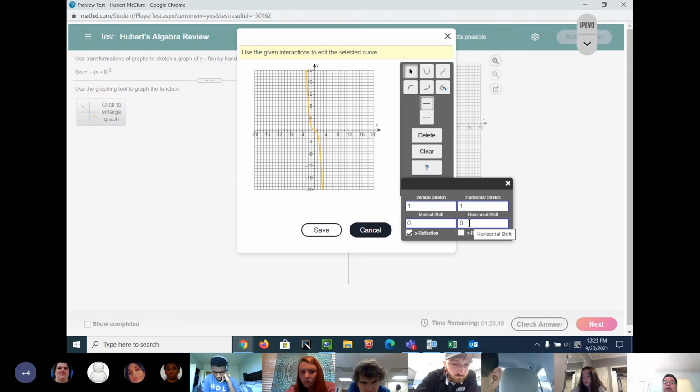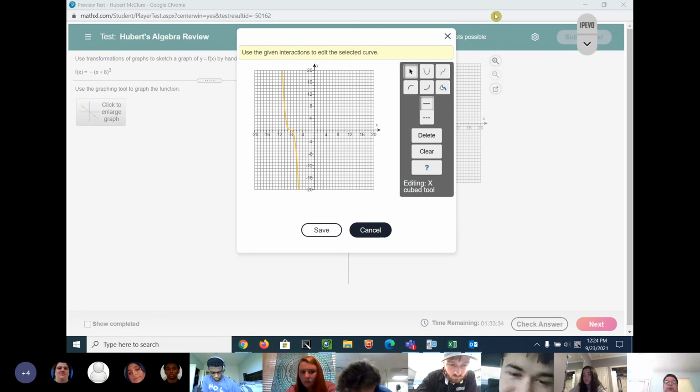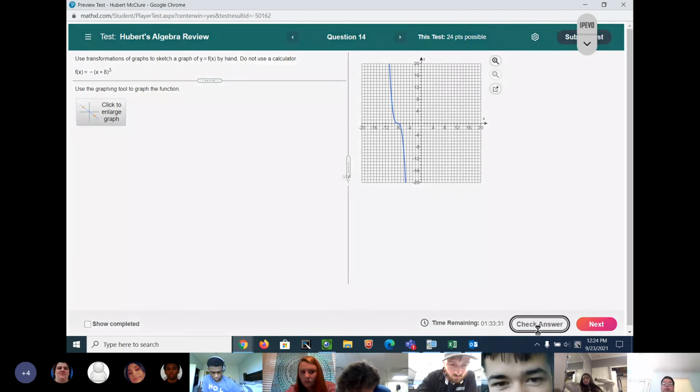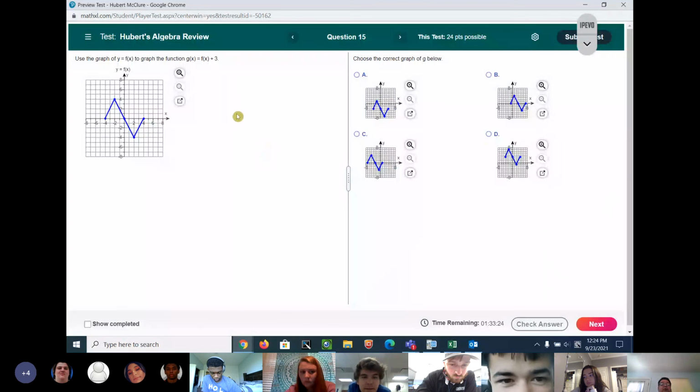And we're going to do a -8 horizontal shift. Thank you for seeing that. I didn't even see it. Lord, I thought it was something on my screen. There we go. Now it's going to be right. Sorry about that. Next. And that's a horizontal shift right there.